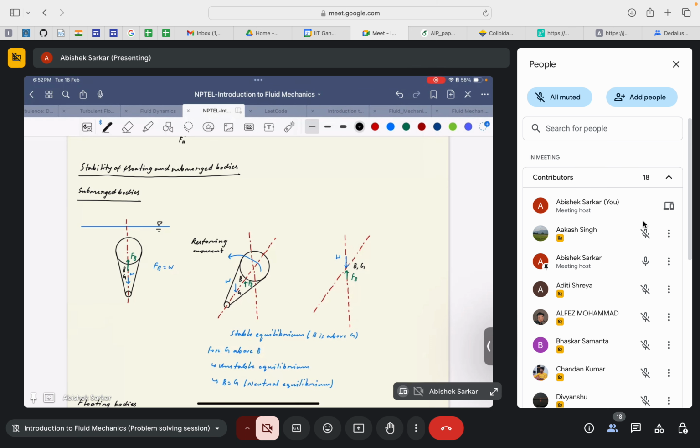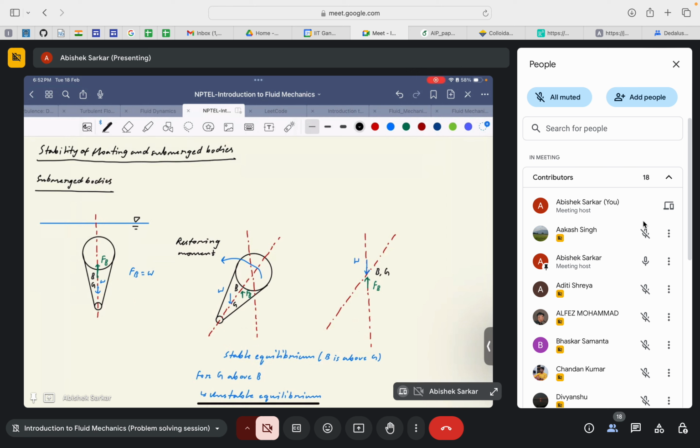In the next part Prof. Chakraborty discusses the stability of floating and submerged bodies, and again he takes quite extensive examples and gives us a very proper idea of why this is important in real life scenarios.